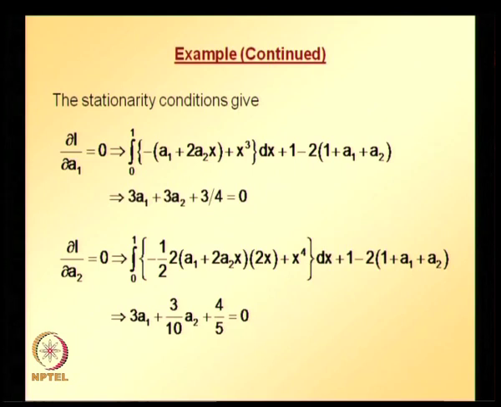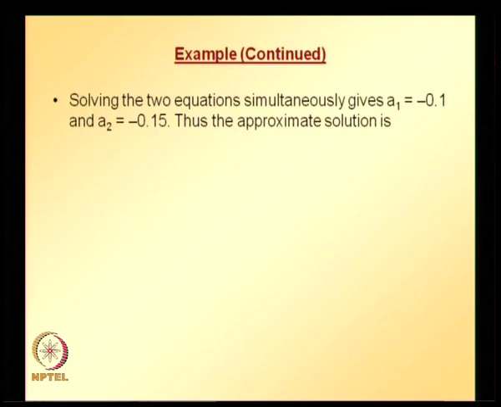You have two equations and two unknowns, a1 and a2. Solving the two equations simultaneously gives us a1 and a2. Once you get them, you go back to the admissible trial solution, 1 + a1 x + a2 x squared, substitute these coefficient values, and you get the approximate solution. By taking its derivative, you get the derivative of the approximate solution.